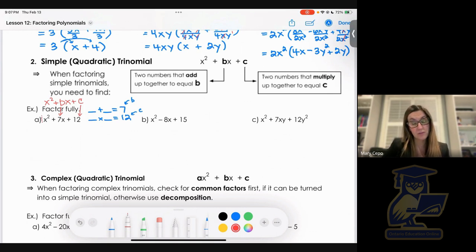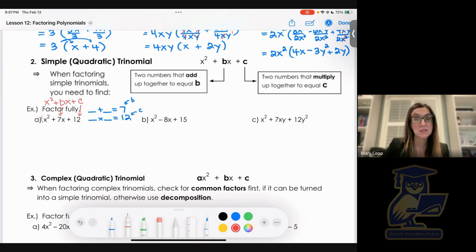Start with your product, thinking of two numbers multiplied together to give you 12. There are many options. However, the same two numbers that are the product of 12 have to have the sum of 7. So we can say 1 times 12 is 12, but 1 plus 12 is not 7. 2 times 6 is 12, but 2 plus 6 is not 7. 3 times 4 is 12, and lo and behold, 3 plus 4 is 7.